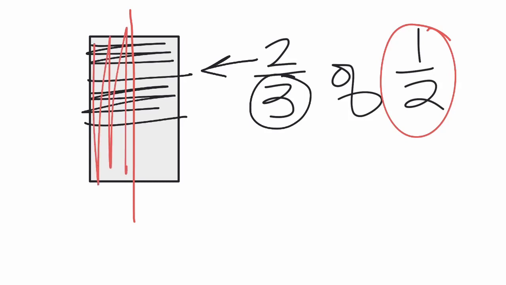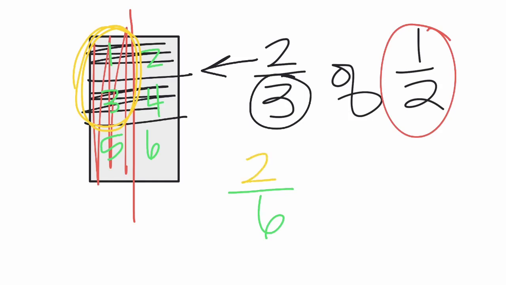Now when I look, what I have is 1, 2, 3, 4, 5, 6 pieces. And of those 6 pieces, I only have 2 boxes that have both red coloring and black coloring. So I would have 2/6.